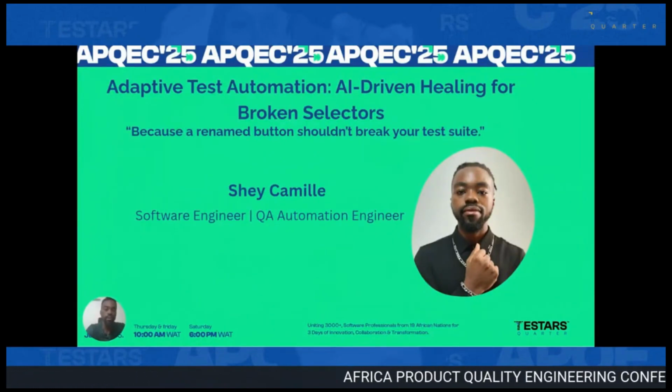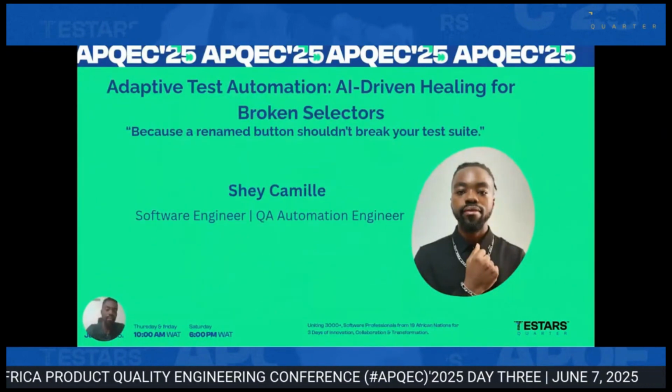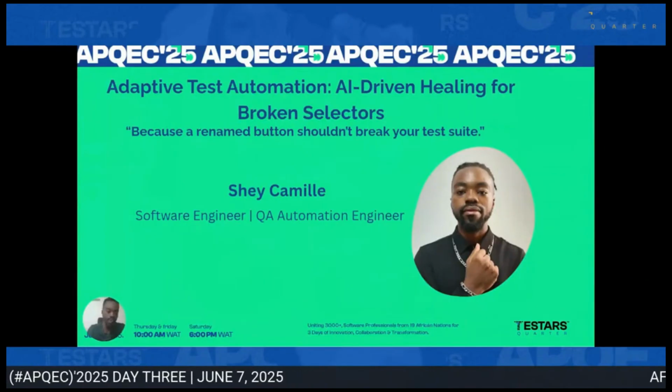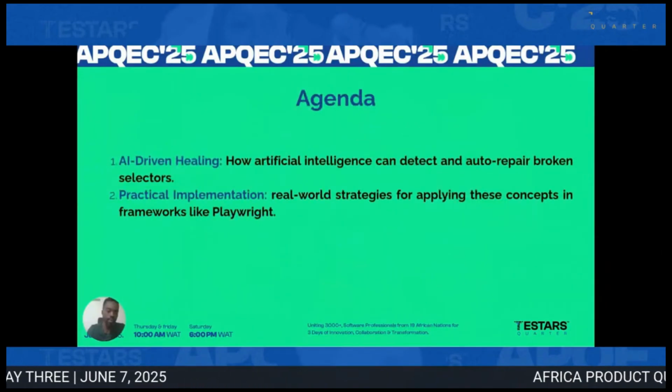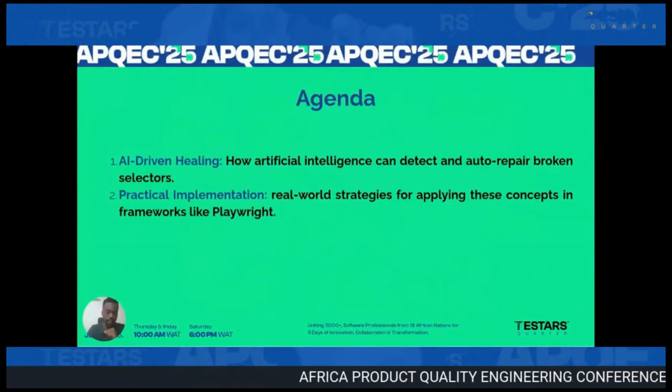We're going to focus on AI and how AI helps repair broken selectors. And then we are going to see practical implementation of that. All right, let's get into it.